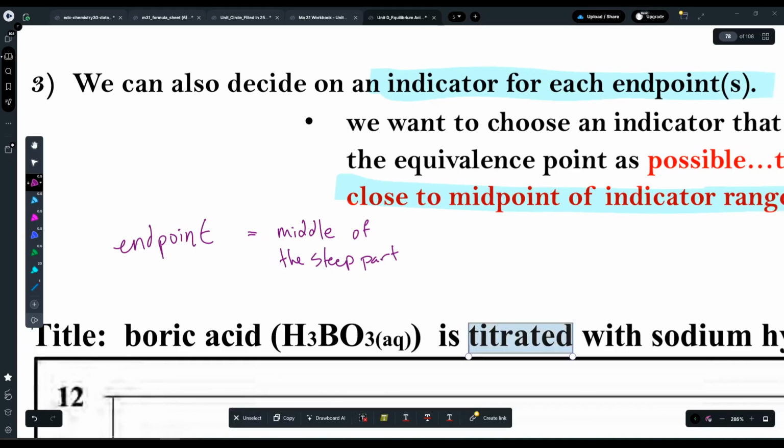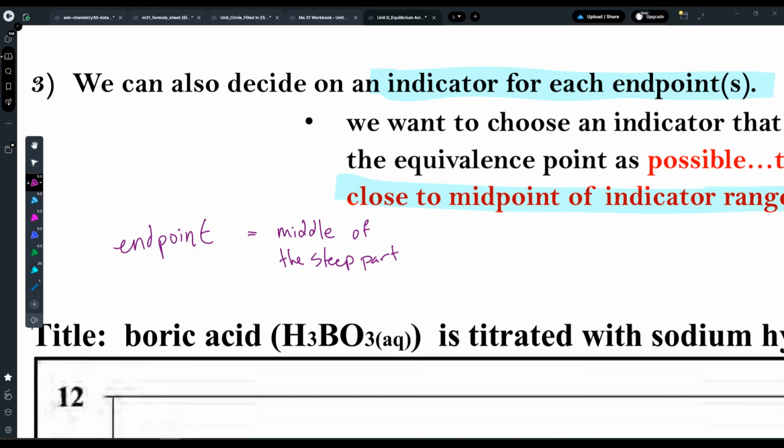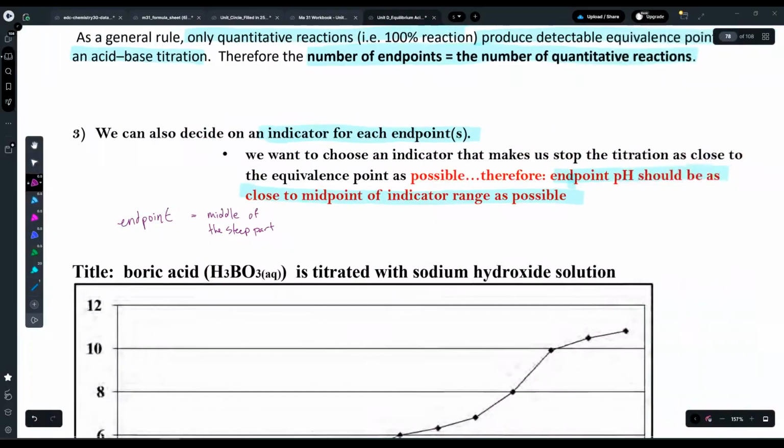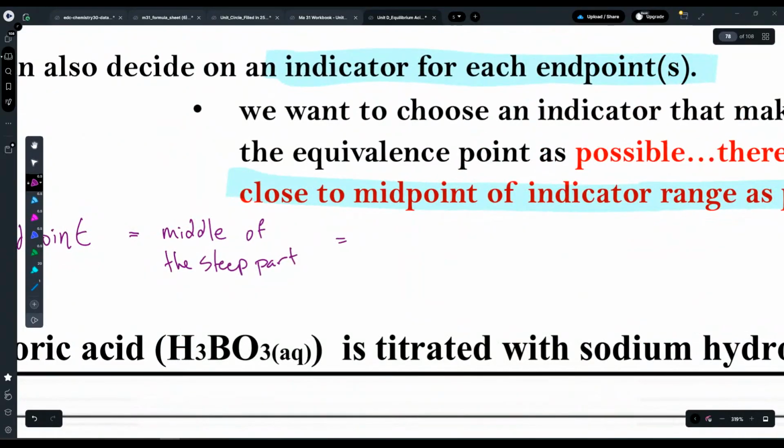Then, to select your indicator, you're going to choose an indicator where the endpoint occurs in the middle of the range of the indicator. This will make a bit more sense once we actually get into an example.